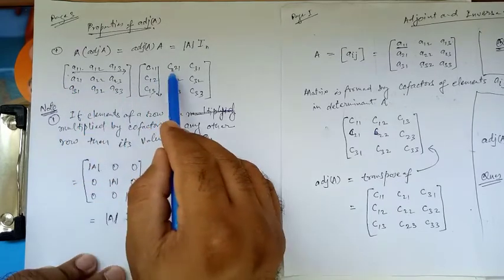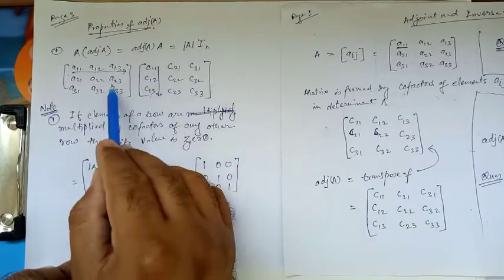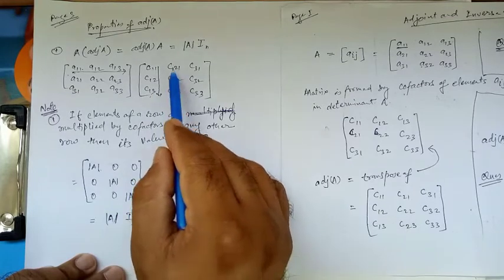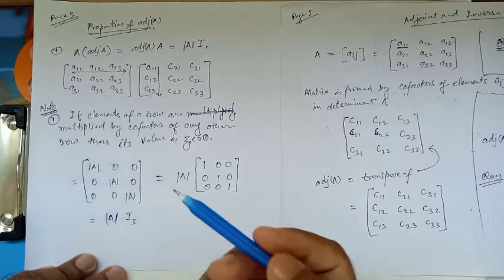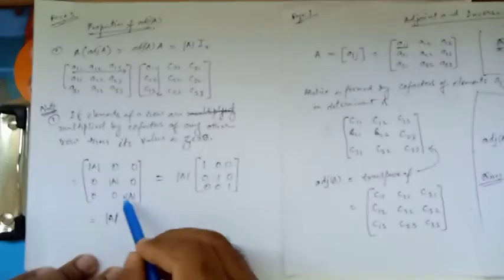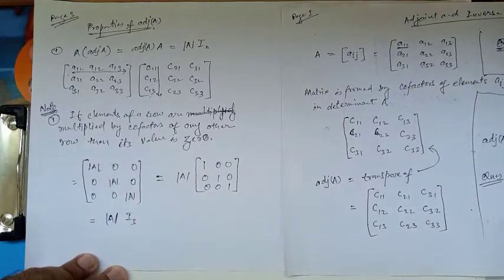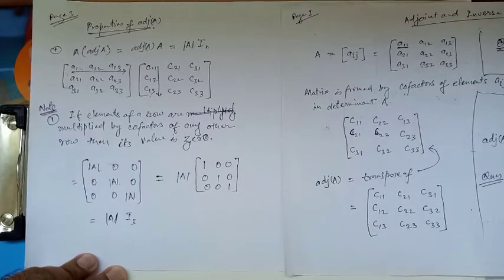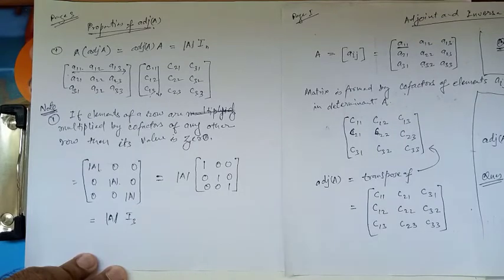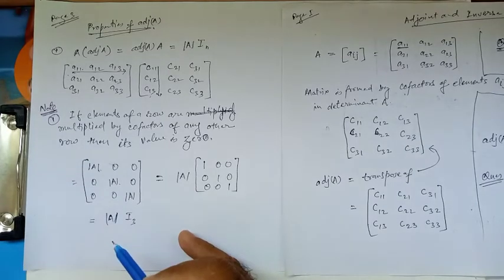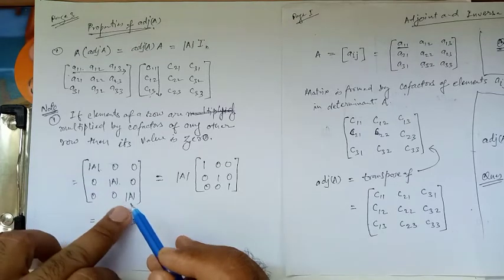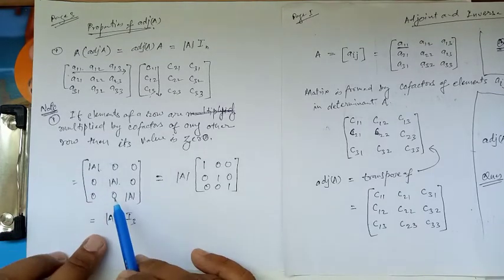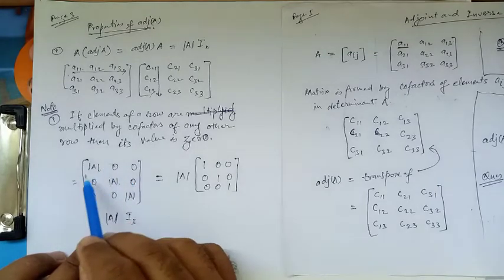This is a21, so a21, a22, C22, a23, this is C23. So definitely again you will get determinant of A, then again 0, and likewise. So in this matrix, if we want to take common, then that particular term should be available in the entire element.